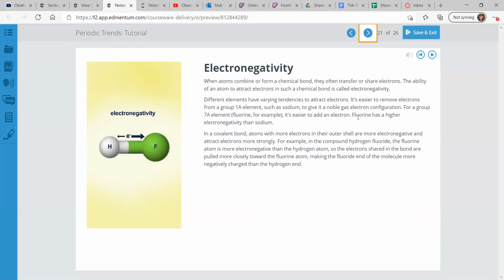So the electrons shared in the bond are pulled more closely toward the fluorine atom, making the fluoride end of the molecule more negatively charged than the hydrogen end. You can see here this arrow is larger, pointing towards the fluorine side rather than the hydrogen.